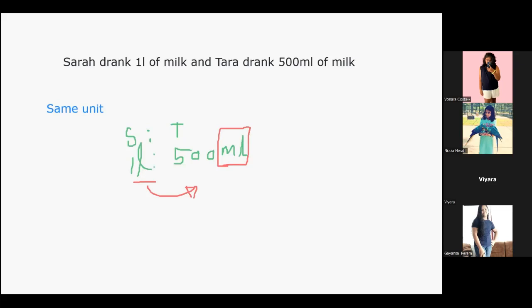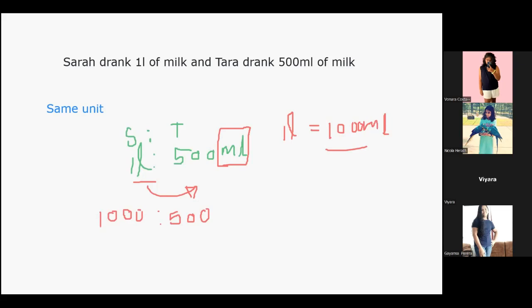Now we know the concept: 1 liter equals 1000 milliliters. And then when we write the ratio, we already know that Tara drank 500 milliliters, so we are going to keep 500. And when 1 liter is converted into milliliters, the answer is 1000 milliliters. So actually, the ratio is 1000 to 500, but it can be further simplified. But simplification will be learned a little while later.